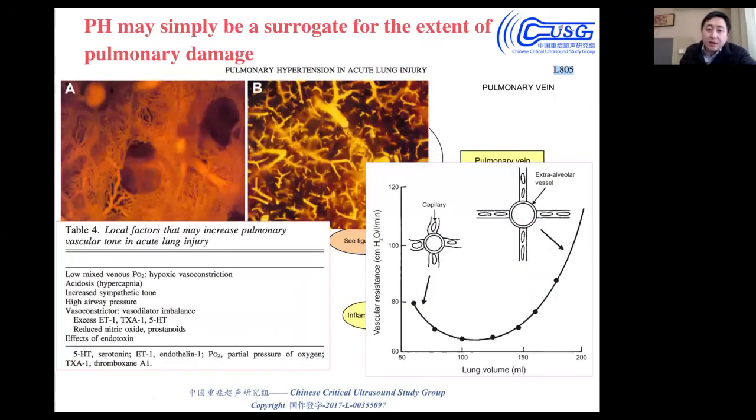And the increased pulmonary hypertension damaged the right heart to cause the ACP.